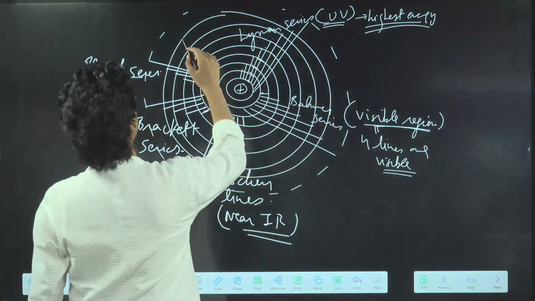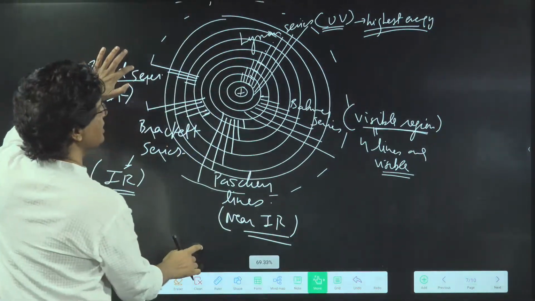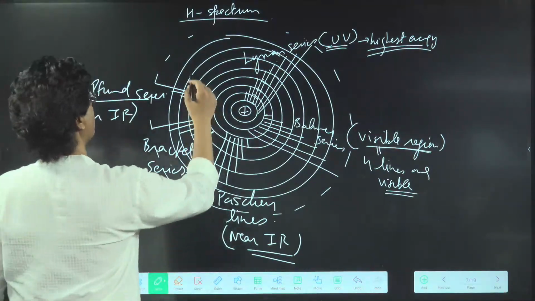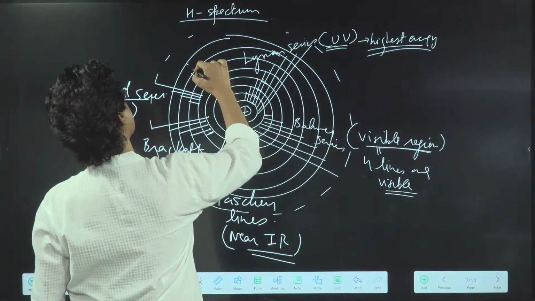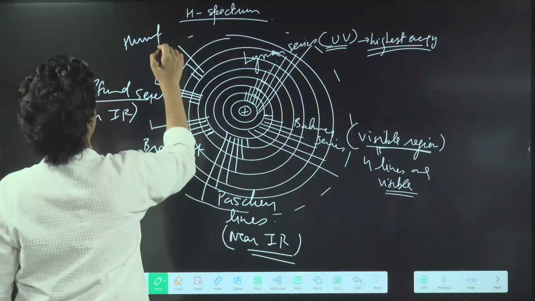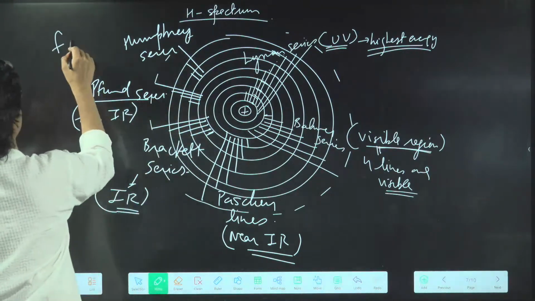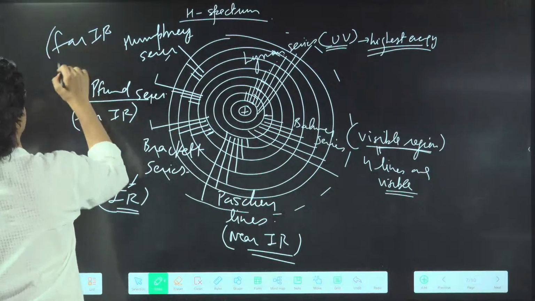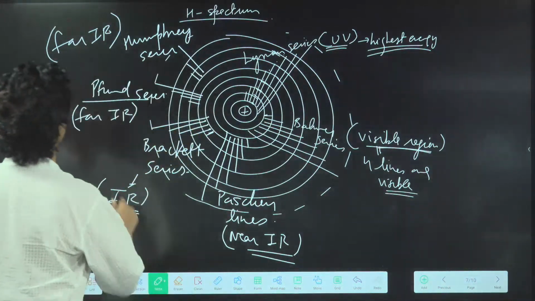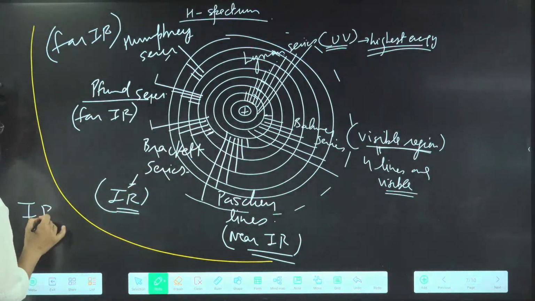Very good. And then we have one more series. If it jumps directly to orbit number 6, it will be called the Humphreys series, and this is also far infrared. But don't get affected: they all belong to one region, which is called the infrared region.